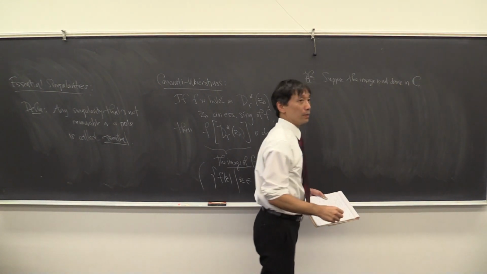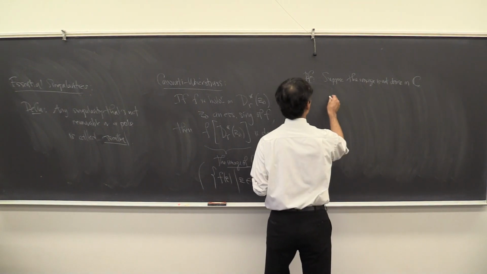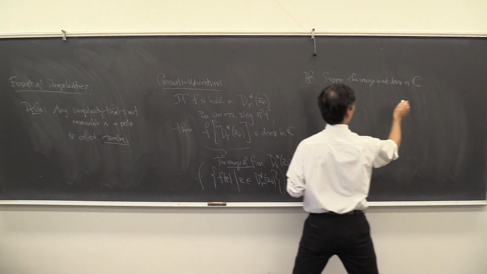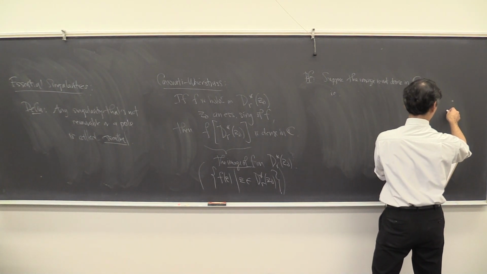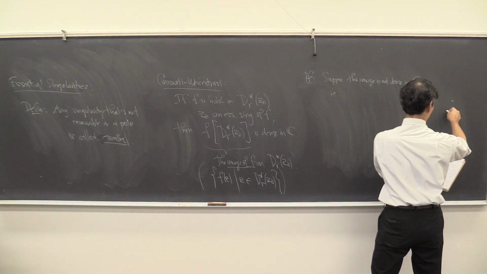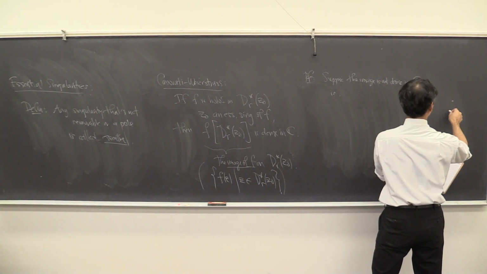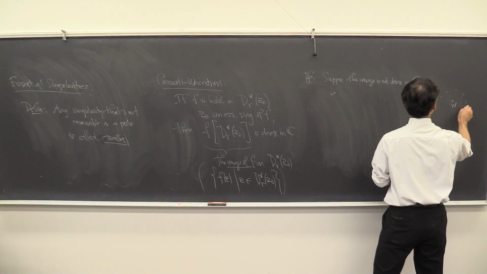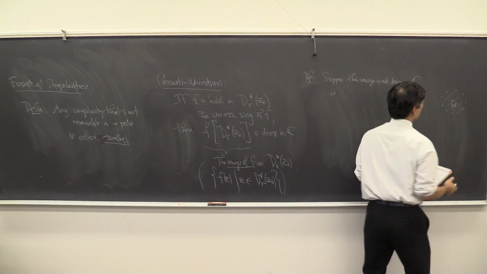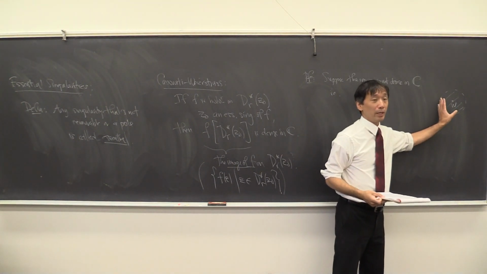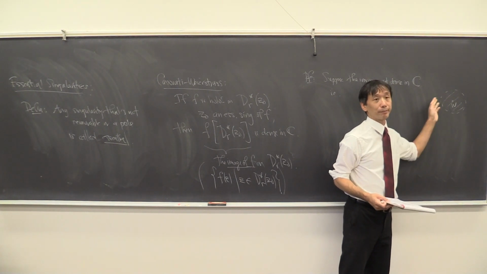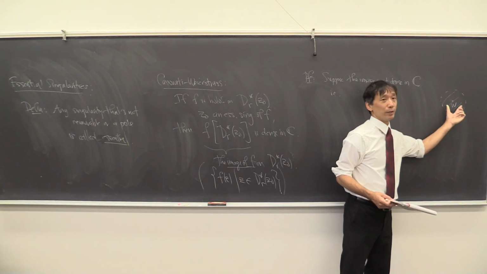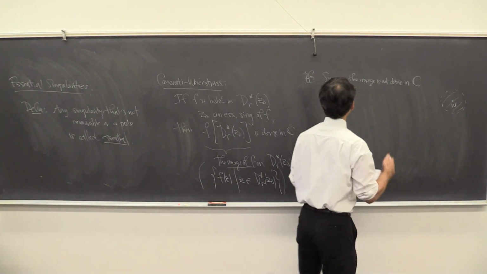Suppose the image is not dense in C. In other words, there's some bad point, which we call W, where there's a neighborhood around it that f does not map into. So the image does not intersect this neighborhood of W.